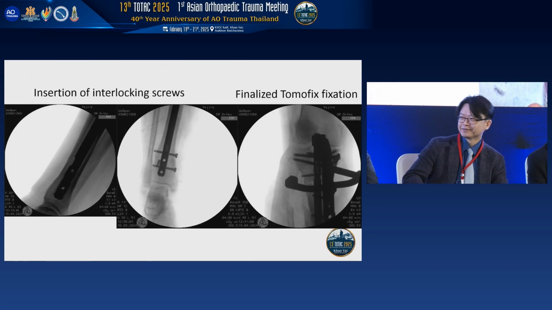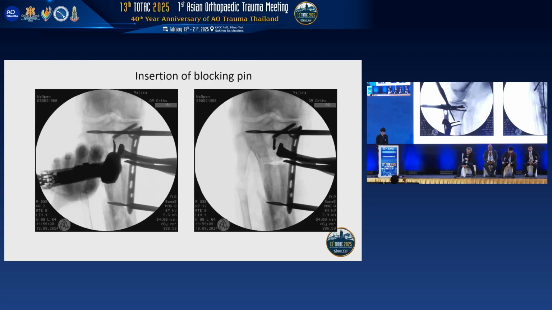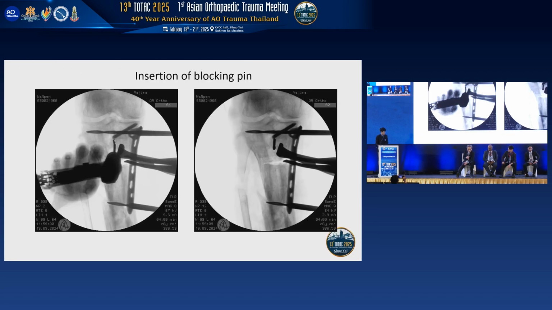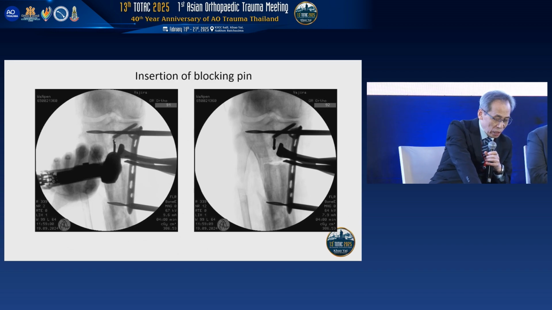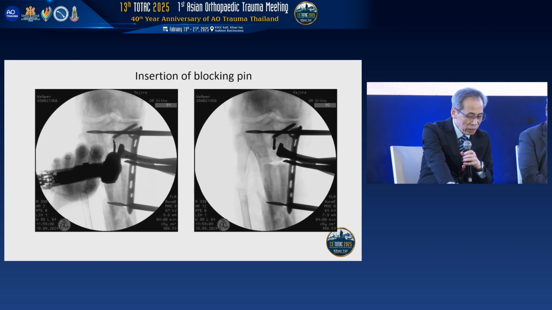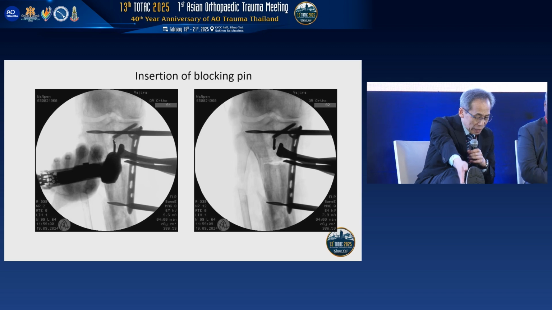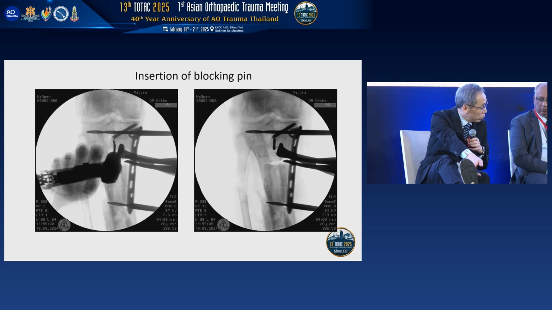Yeah, what I do is, parallel to the knee joint, compare the other side, the fibular overlap on AP, and then put one screw here. If the leg is internally rotated, I externally rotate and make an AP and put another Schanz screw.